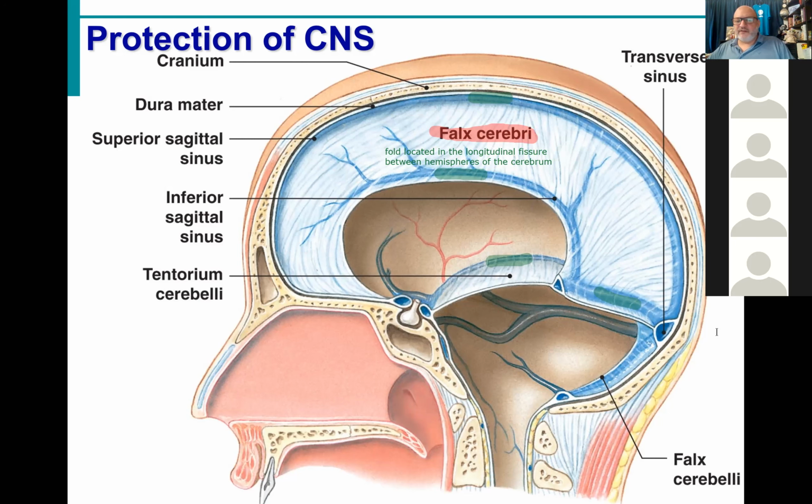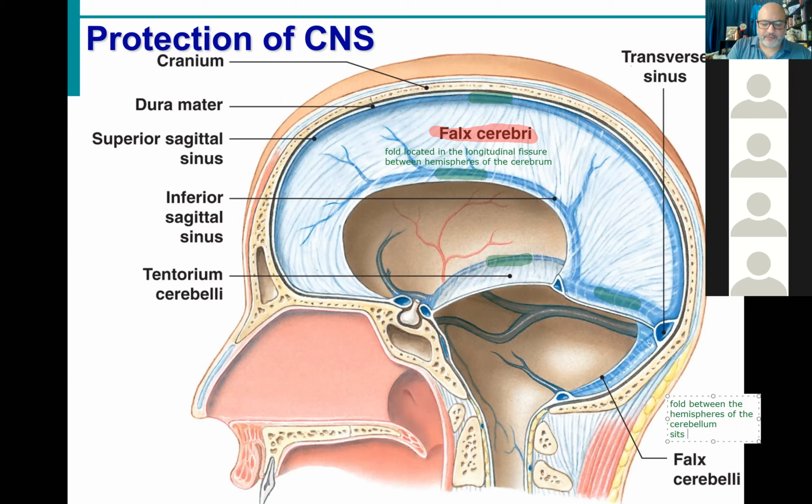And make a point of identifying it that way because notice also there is a fold between the hemispheres of the cerebellum. Notice it's not anywhere near as big because this doesn't go between them.